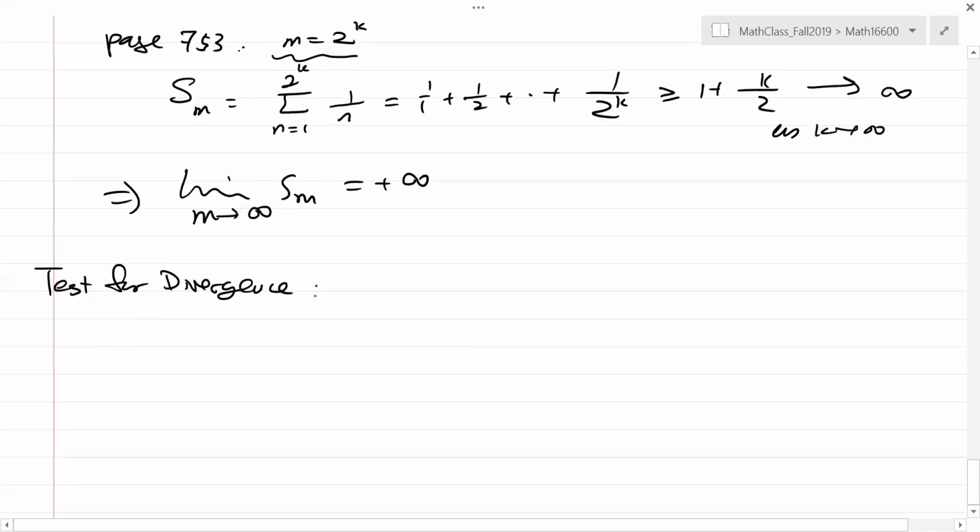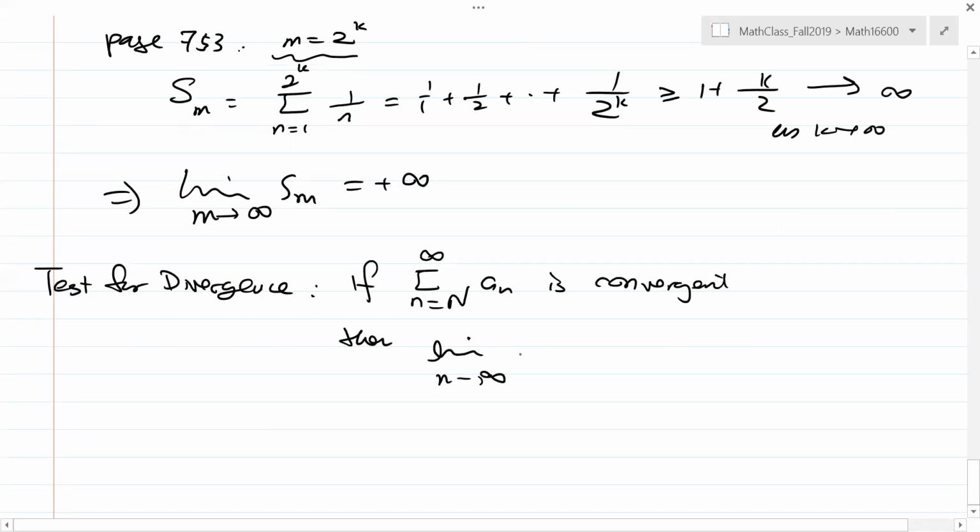Test for divergence. It says that if this series is convergent, then the limit as n approaches infinity of a_n must be 0. Okay. So what does that mean? If you have a series, it's convergent, then the nth term must approach 0.